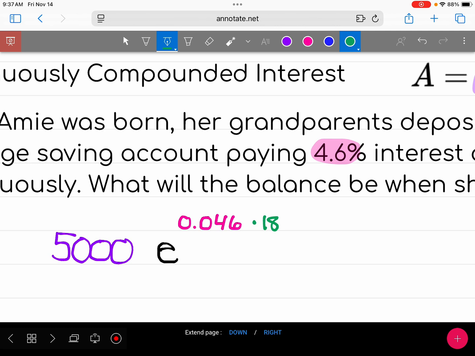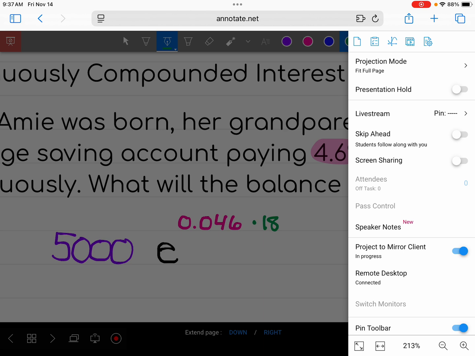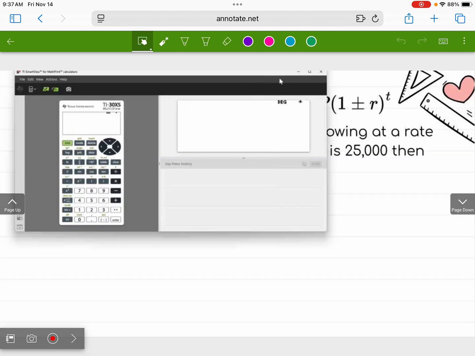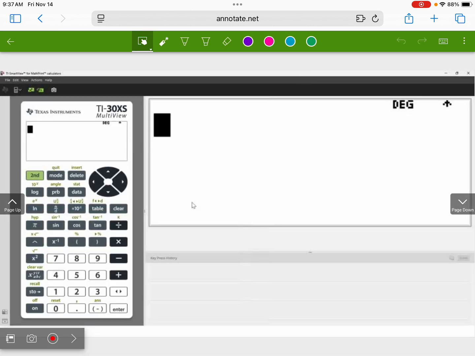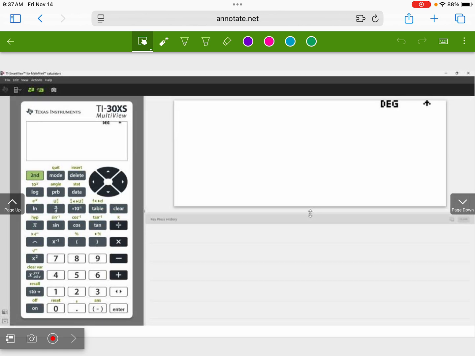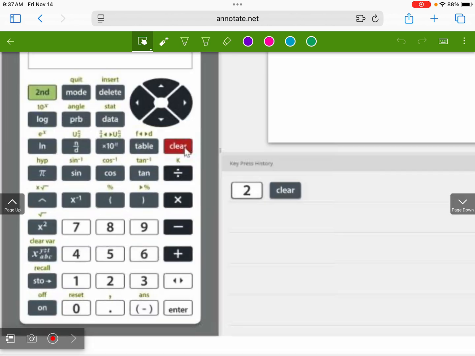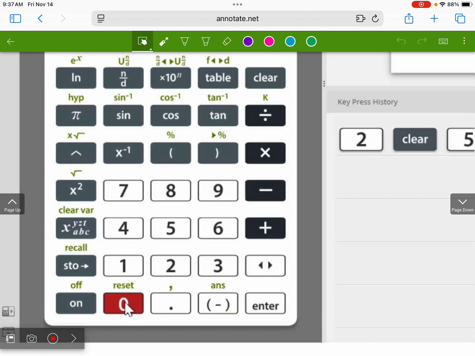So when we go to put that in the calculator, you can type it in just like that. I've got to grab my calculator and I'll pop it up here for a second just to help us see. Okay. So again, just as a reminder, to put that in the calculator, we would put in our 5,000.